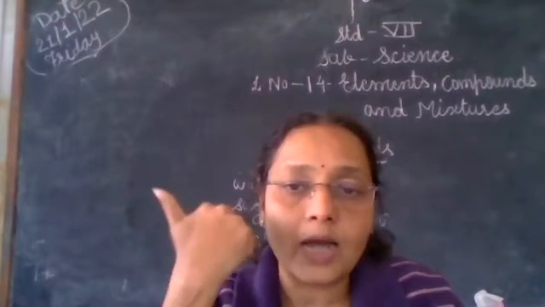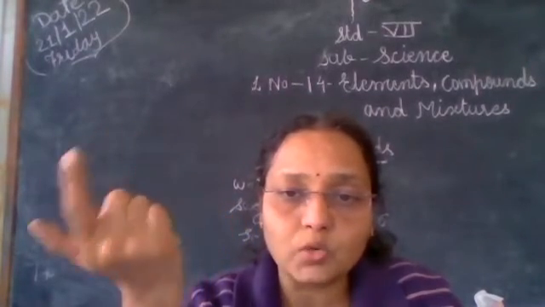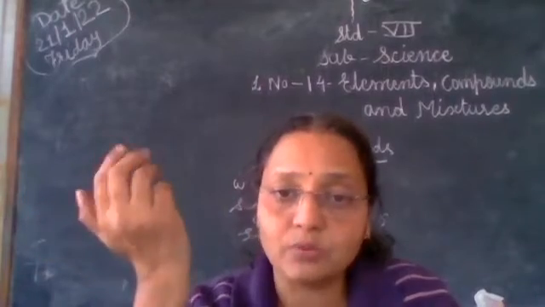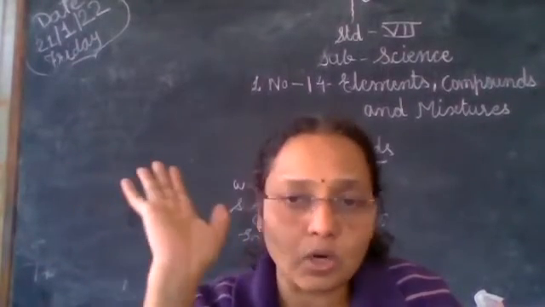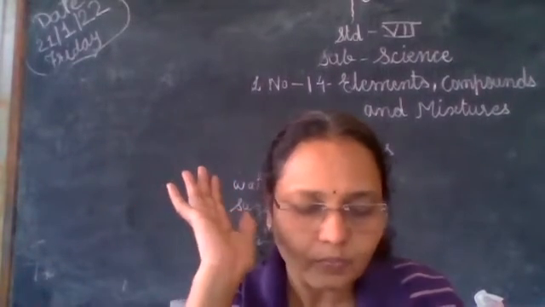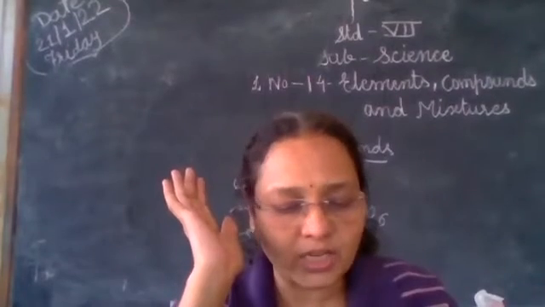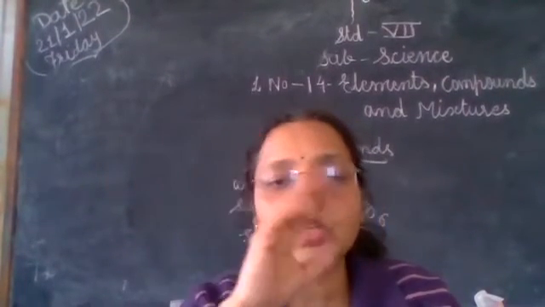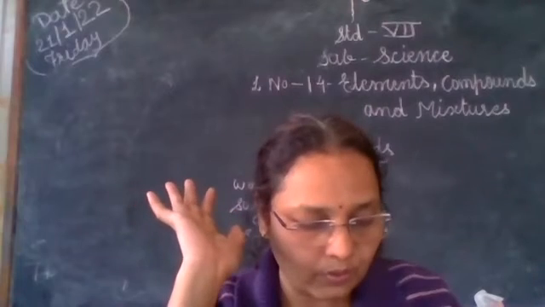No. Nitrogen 78%, oxygen 21%, other gases are also present. इसमें से भी water vapor ज़्यादा होती है. So its proportion is not fixed in a mixture. No chemical change takes place during the formation of a mixture, and no new substance is formed.